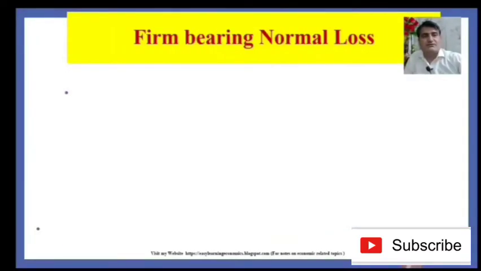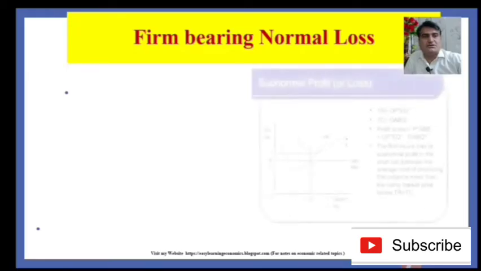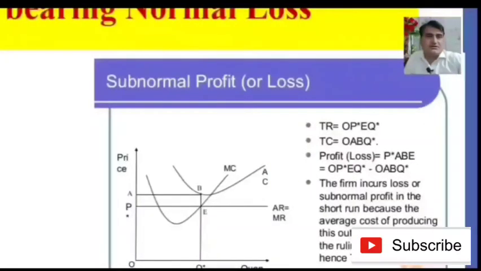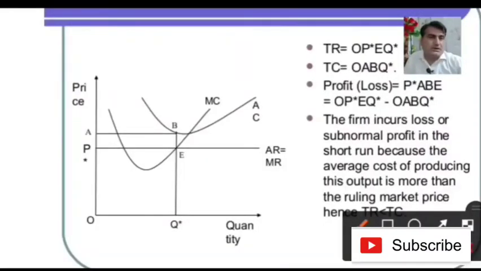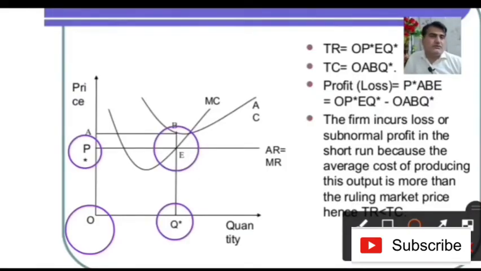The third case: the firms may earn normal loss during the short run. Normal loss is also known as subnormal profit. Using the total revenue and total cost formula, the total revenue of the firm is OPQE. This is the total revenue of the firm, whereas the total cost of the firm is OAQB.